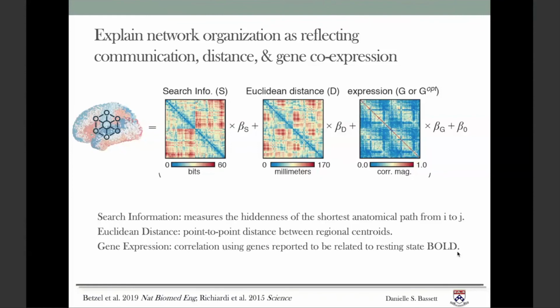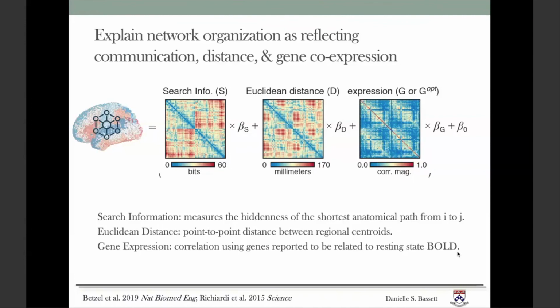We either used all of the genes, and for that I'm just going to call the matrix G, or we used the set of genes that was optimized for predicting resting state functional connectivity that was published in Jonas Richiardi's paper in Science from 2015. And I'm going to call that G-optimized or G-opt. So this is either all of the genes from that data set or the optimized set published by Richiardi.